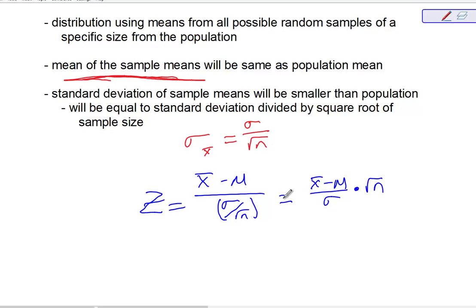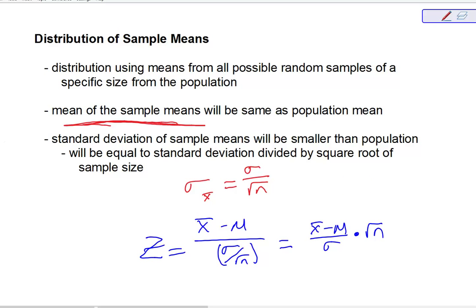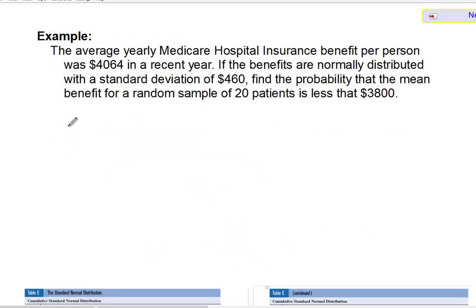Again, it works the exact same way. You'll see it most of the time written this first way though. But make sure you're careful how you put it into the calculator. If you try to put it all in at once, make sure you're putting parentheses around the entire numerator and around the entire denominator. Otherwise it will change your answers. Okay? So let's look at an example of this and see what we mean.